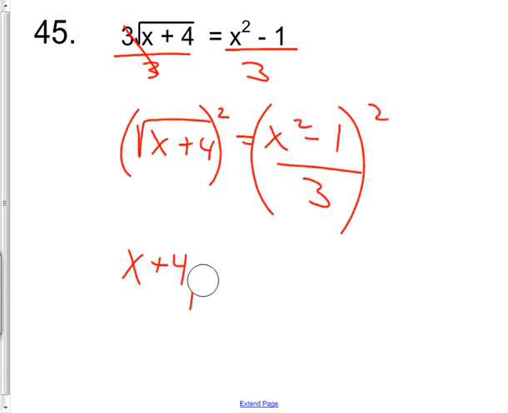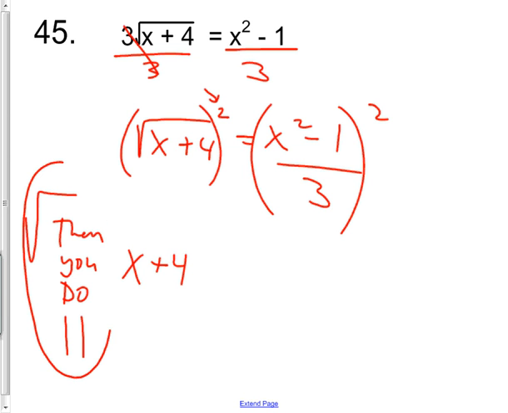It's only if you do a square root. I didn't do a square root. I squared it. There's a difference. If I did a square root, then you do the absolute values. Even I forget. Sometimes I think of squaring, I have to do absolute values. I don't. If I do a square root, then I do absolute values.